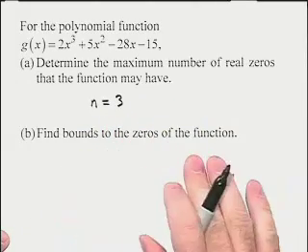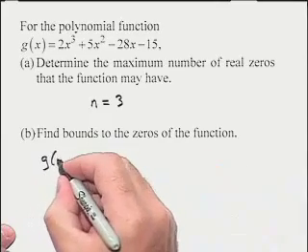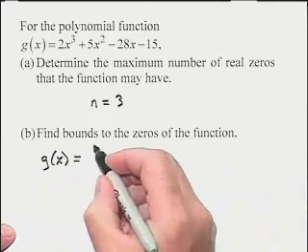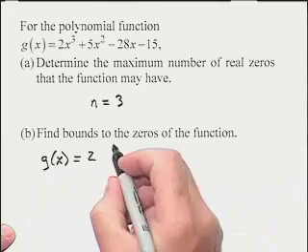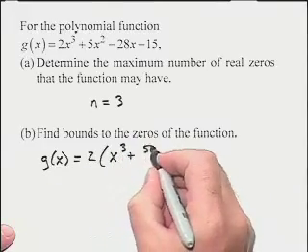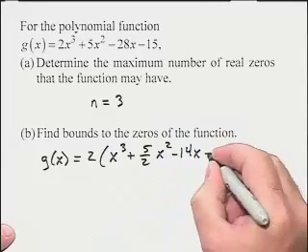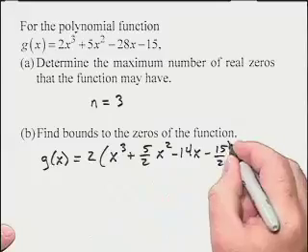Next, we want to find bounds to the zeros for the function. First thing we're going to do is rewrite our function by factoring out a 2. Well, g of x is equal to 2 times x cubed plus 5 halves x squared minus 14x minus 15 halves.